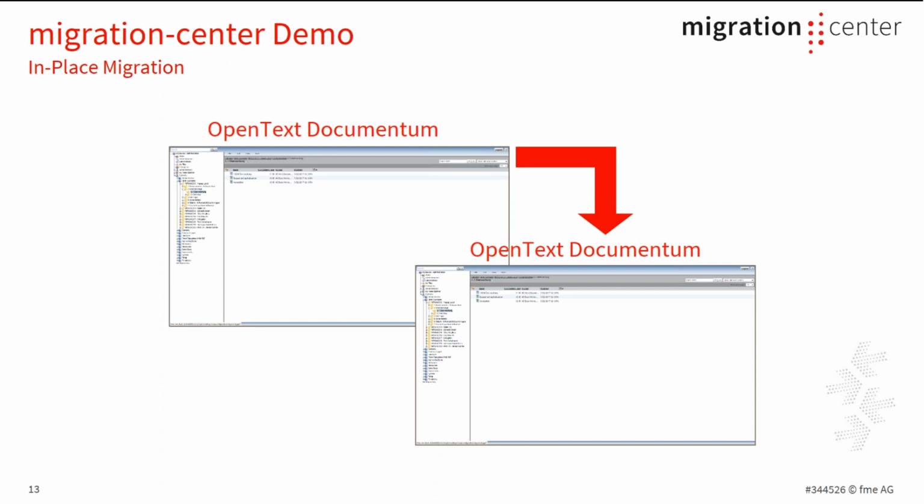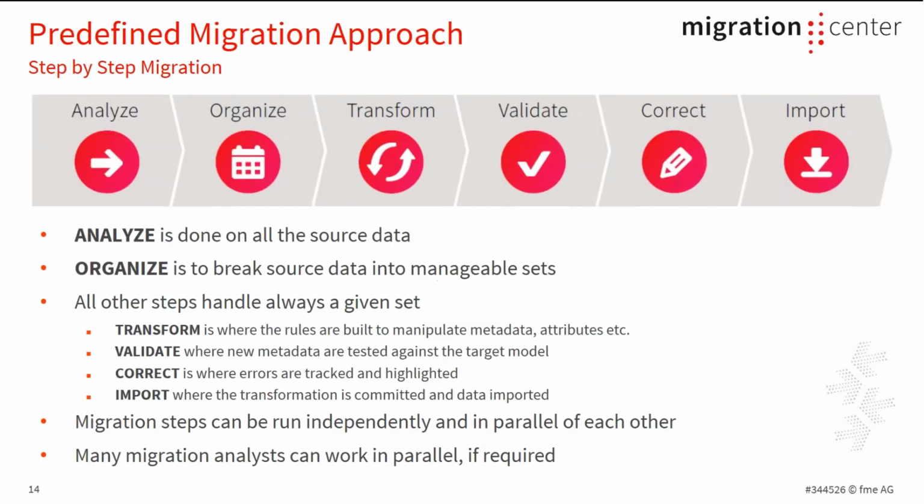But before we start with the demo, I will just give you an idea about the process, because everything you will see in the demo follows this process. It starts typically with analyzing the metadata. So that means we will connect to the source system, which in that case is the same as the target. We connect to the system, extracting all the metadata, the object model information, and everything around the documents and the folders and so on.